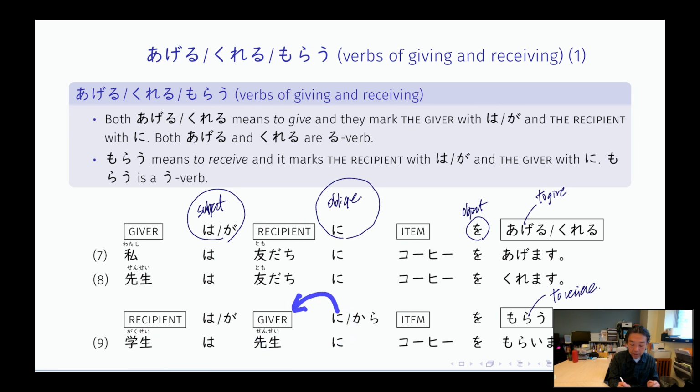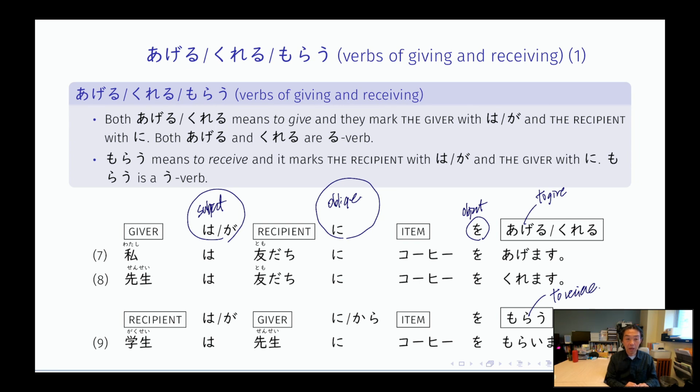So now the oblique indicates the giver. コーヒーをもらいます. The student received coffee from the teacher. Right? So basically these two sentences are exactly the same. It's just a matter of perspective. One you're seeing in terms of the giver, and the other one is seeing the same action and transaction in terms of the recipient. Good.